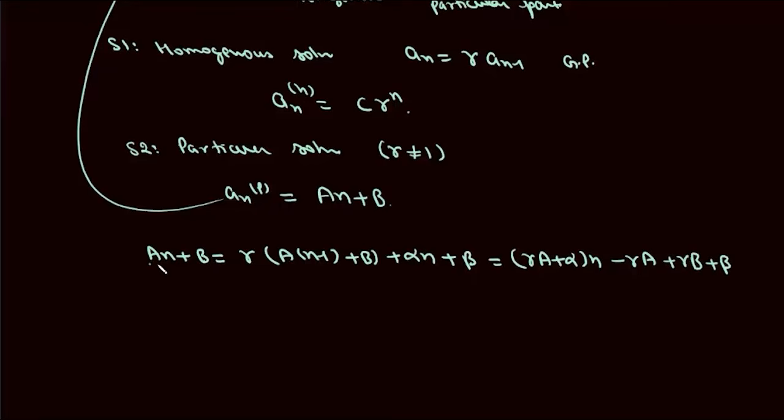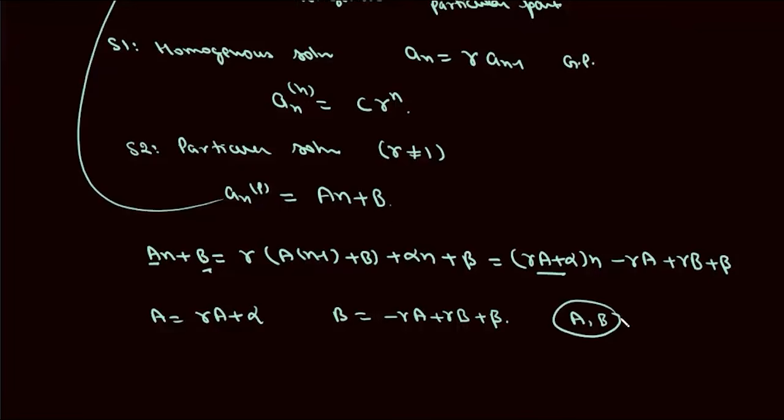Now we match coefficients of n and the constant term. We can write a equals ra plus alpha, and we get b equals minus ra plus rb plus beta. From here we'll get the value of a and b, and we'll get our particular solution.